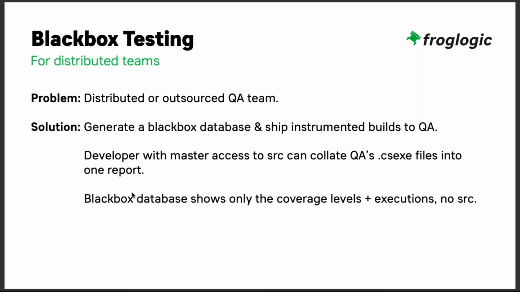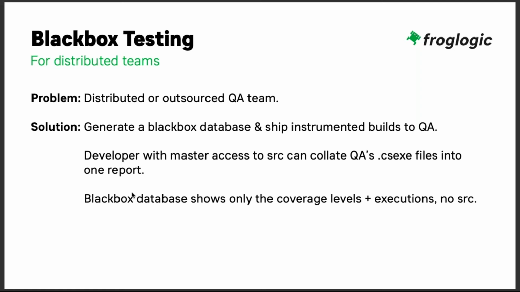And if you're working with a distributed team all over the world, or a QA team that you outsource to another company, it's important to keep your source code secure. The example that we showed earlier had the source code in plain view in Coco. What Coco does is it allows you to generate what's called a black box database. And this is done in just a click of a button.